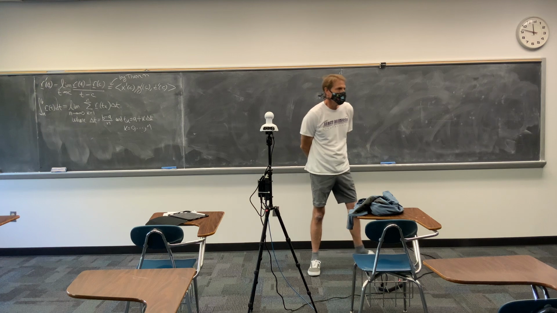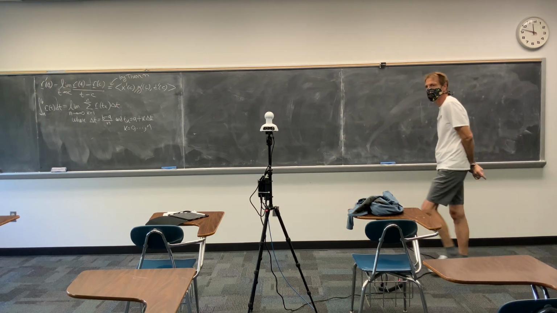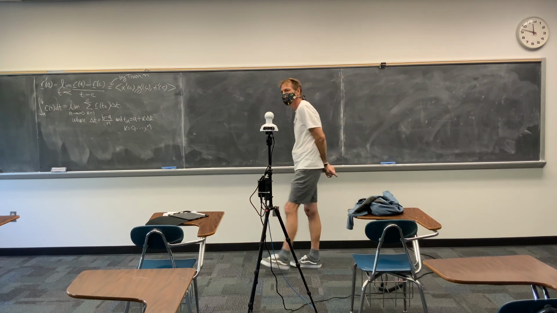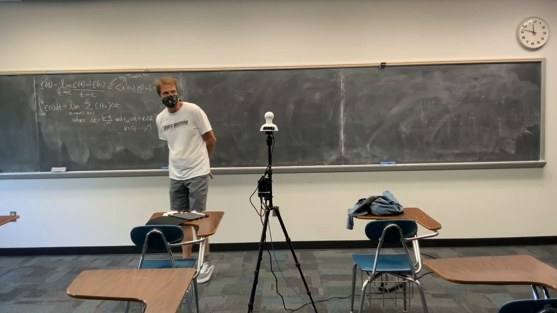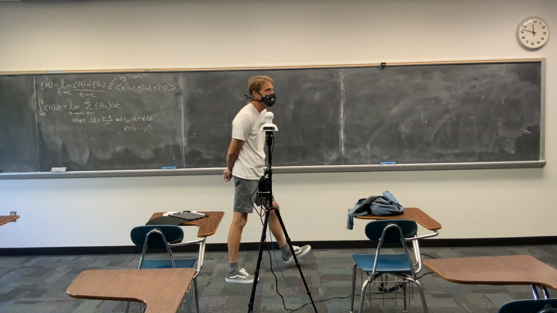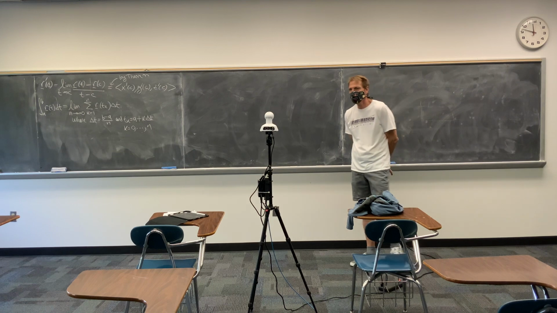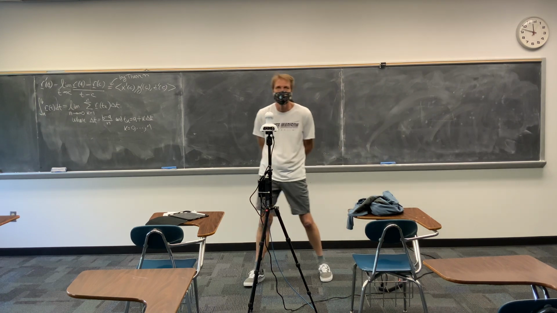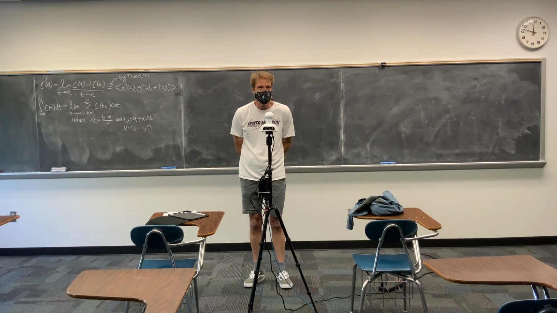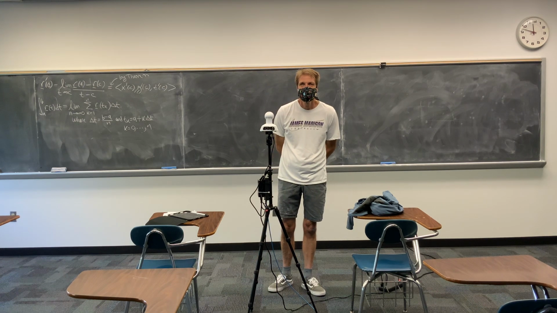When I say line, you say, a plus td. When I say plane, you say, n dot x minus a equals 0. Okay, when I say tangent line, you say, by Friday, you say, r of c plus t, r prime c.